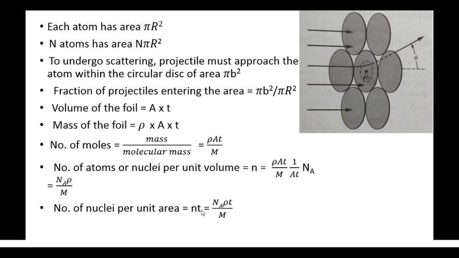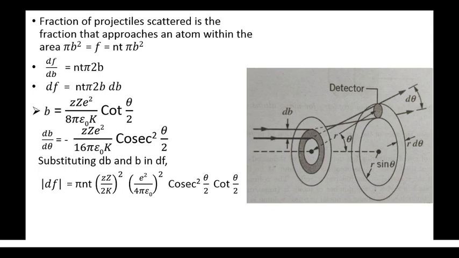So n into T gives you Na rho T by M. So that is the number of nuclei per unit area. A unit area contains this much, that is Na rho T by M, number of nuclei.